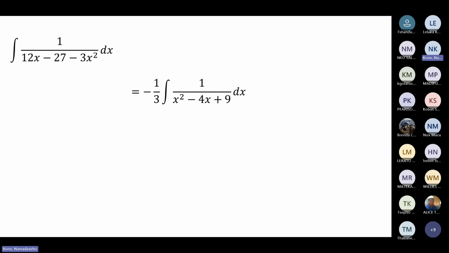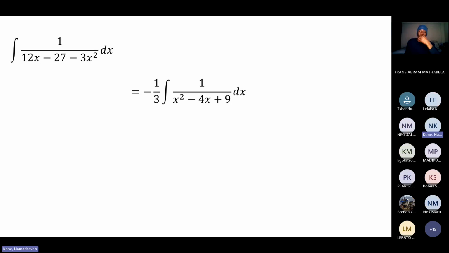So that is why in the first step, it is very important to take out minus 3 as a coefficient, as a common factor on the denominator. Move out minus 3. When you do that, what remains after you move out minus 3? You get an x squared minus 4x when you divide the positive 12x by minus 3, and a plus 9 at 27 at the bottom.